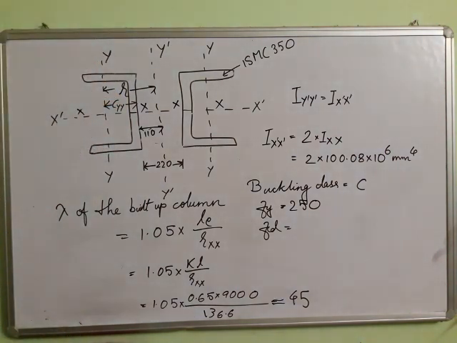Isn't it? So for FCD we have to use which table, which page number? Page number 42. So we can see here in page number 42 for Fy equal to 250, we have to find out FCD. So just try to find it out.